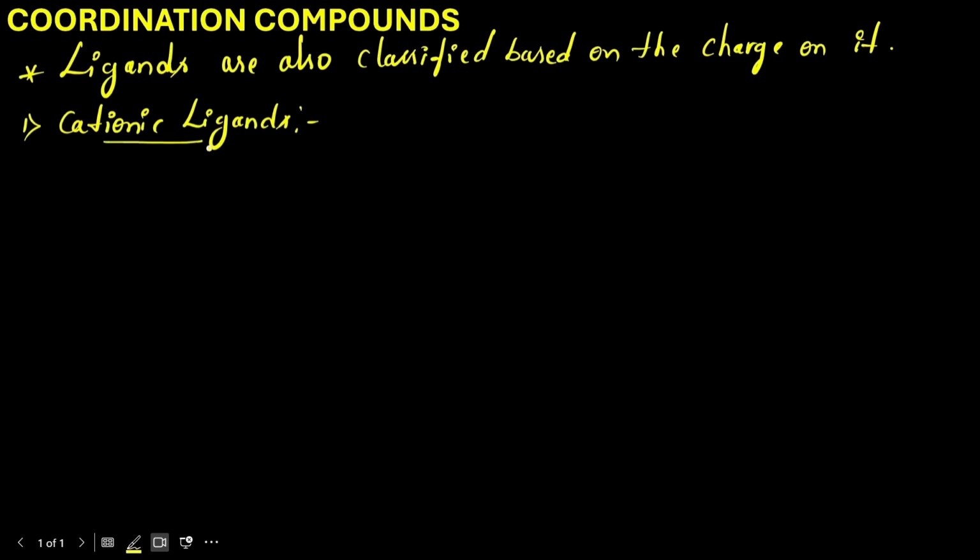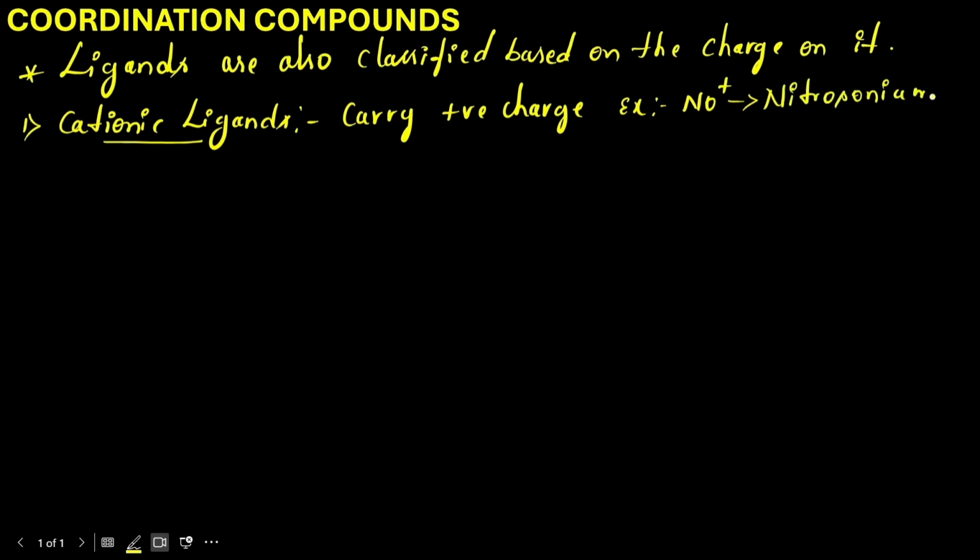So the name itself says that the ligands which carry a positive charge are called cationic ligands. For example, NO plus, which is called nitrosonium, and NO2 plus, which is called nitronium.